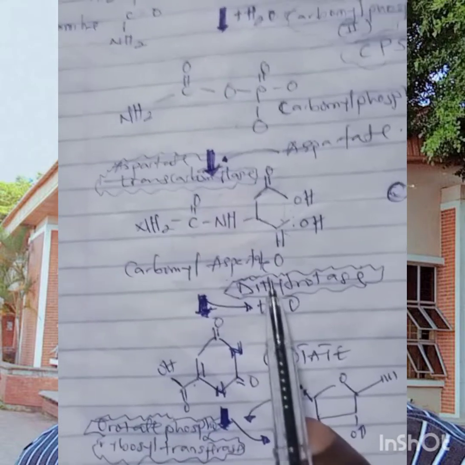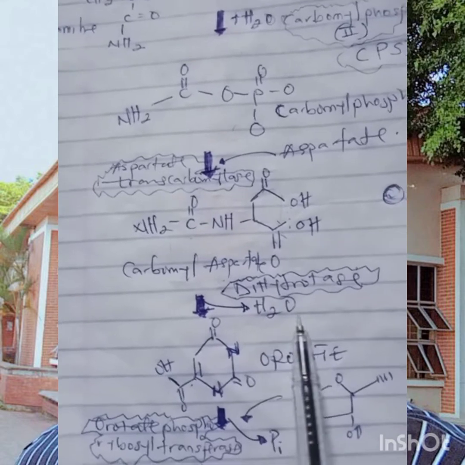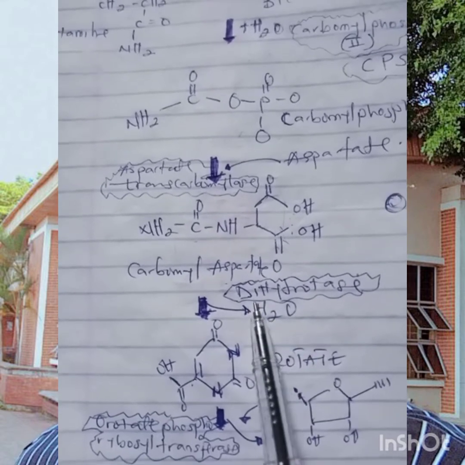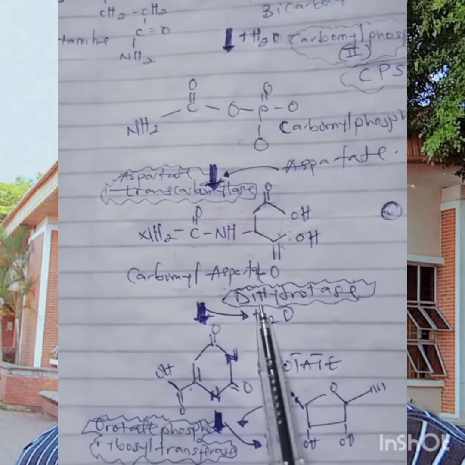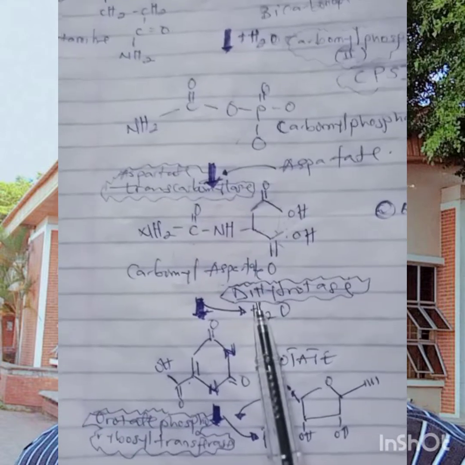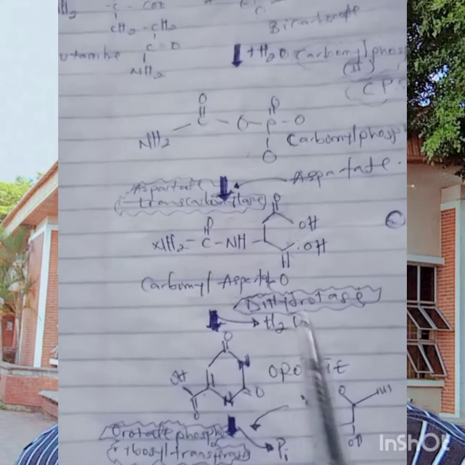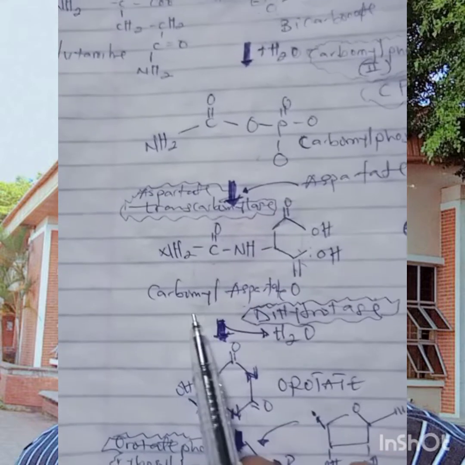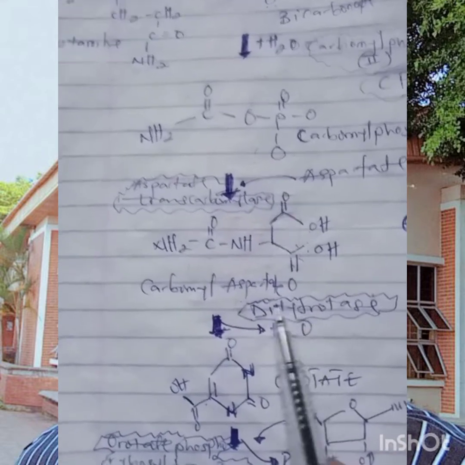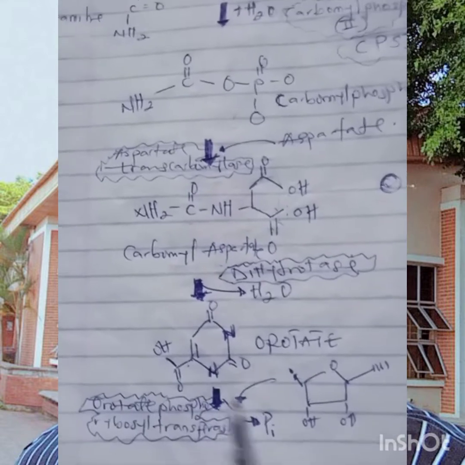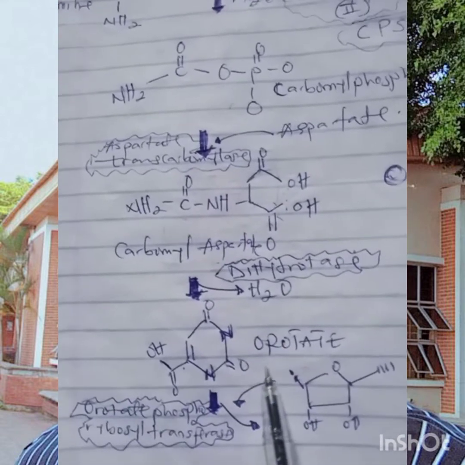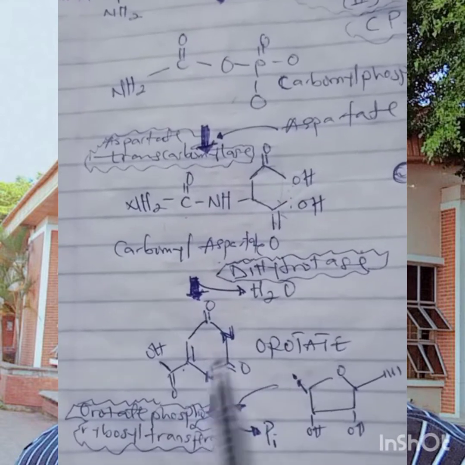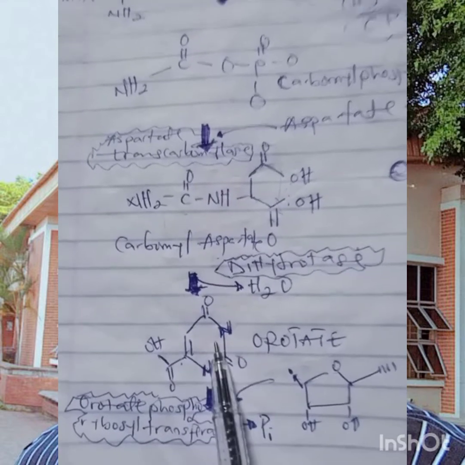And what does this dehydrogenase imply? We are removing what? Water from what? From this compound called carbonyl aspartate. And the ultimate result, we have what? Our orotate. This is now our orotate, the structure of the orotate.